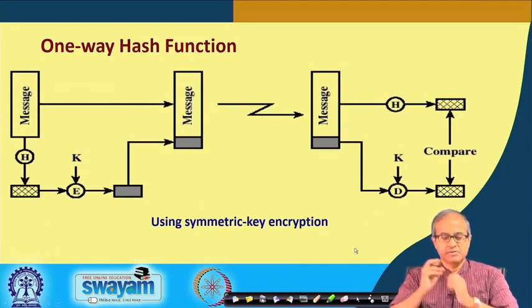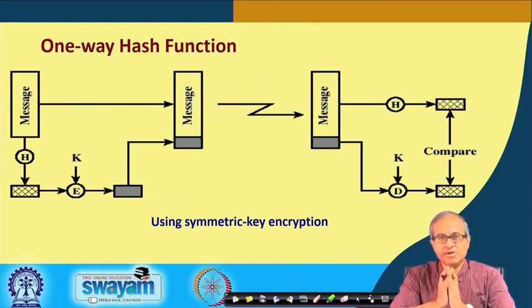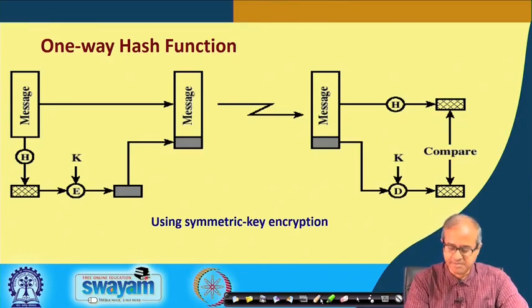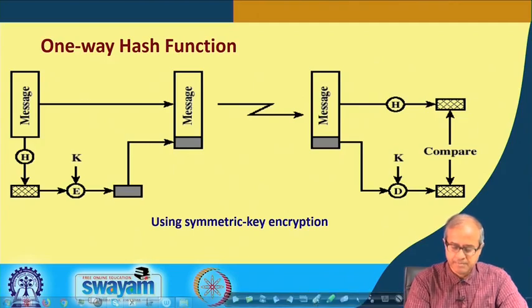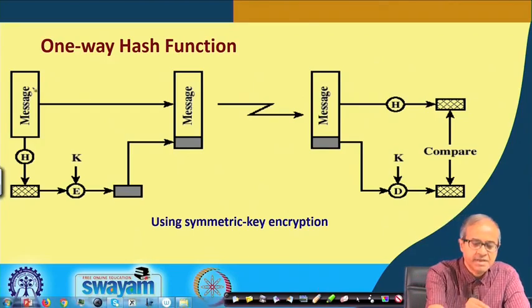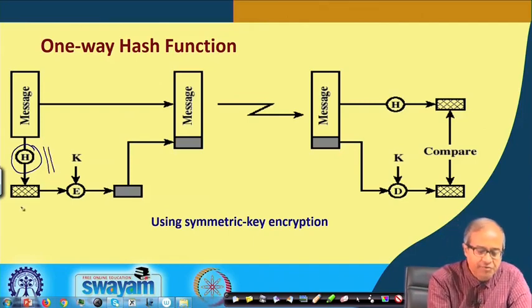Okay. So, first in this diagram we try to explain how we can implement a one way hash function using symmetric key encryption. Let us see. Here you have a message. So, what we do? We have a hash function h here. We apply the hash function and we get a hash digest out here.